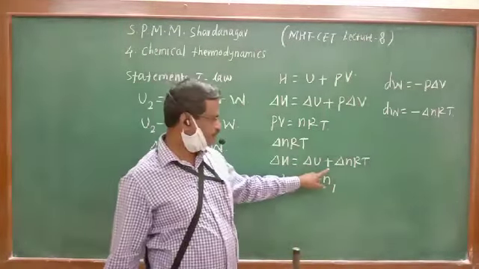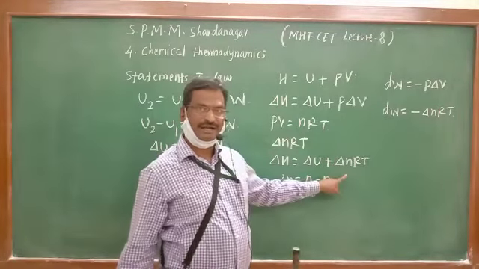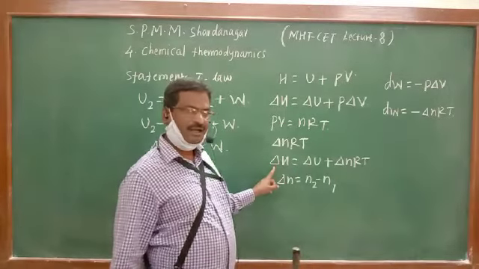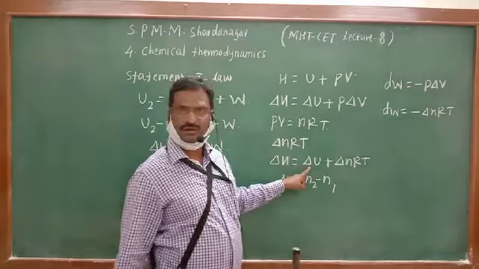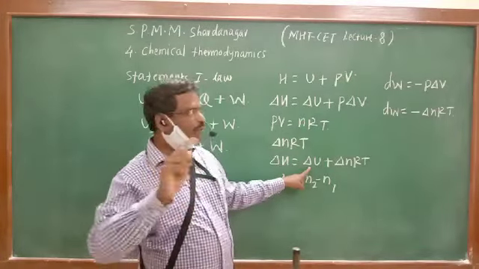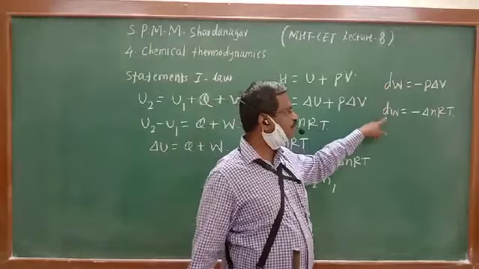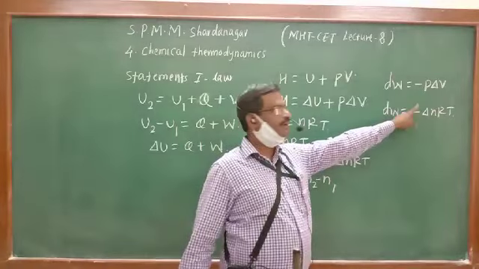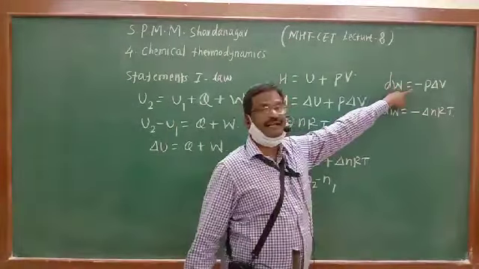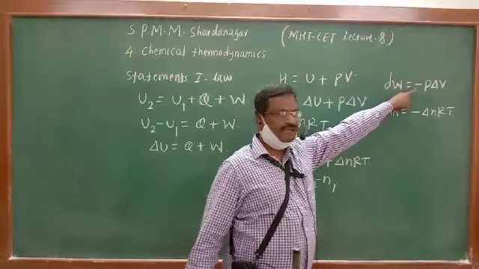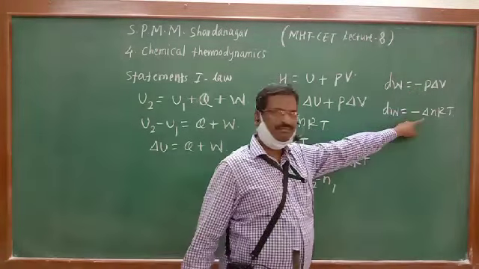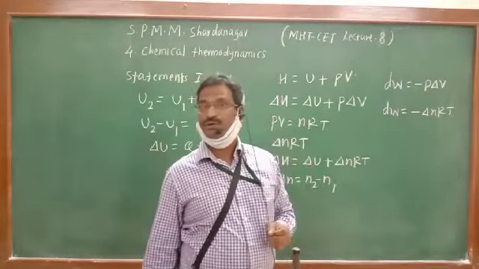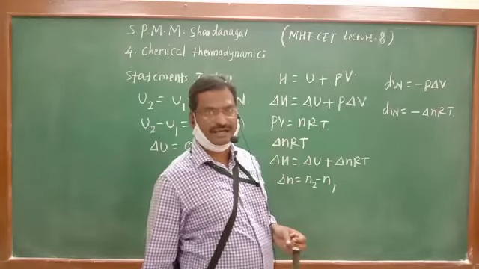Here in the relation between enthalpy of reaction at constant pressure and at constant volume, there is a positive sign for delta nRT. Whenever we are calculating the work done during a chemical reaction, dW will be equal to minus delta nRT, because it is minus P delta V. Since this is a negative sign, this also becomes negative, and dW is equal to minus delta nRT is the work done during a chemical reaction.